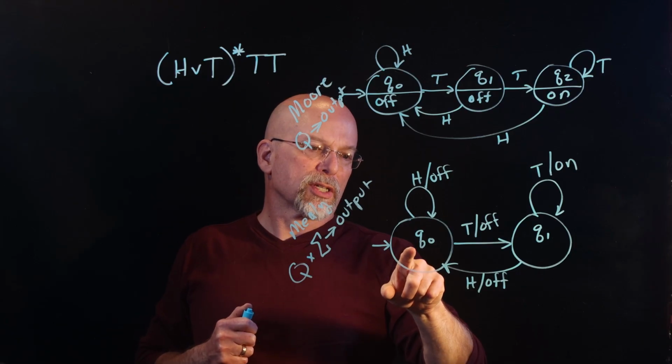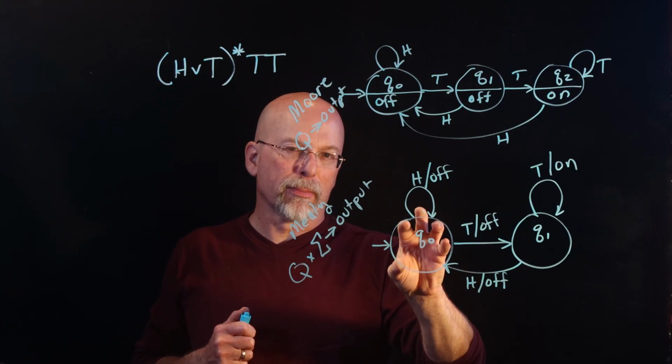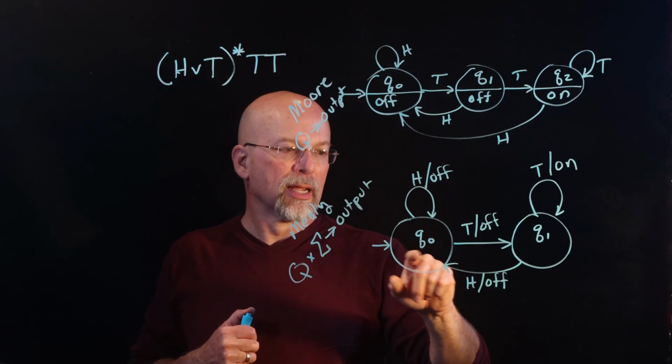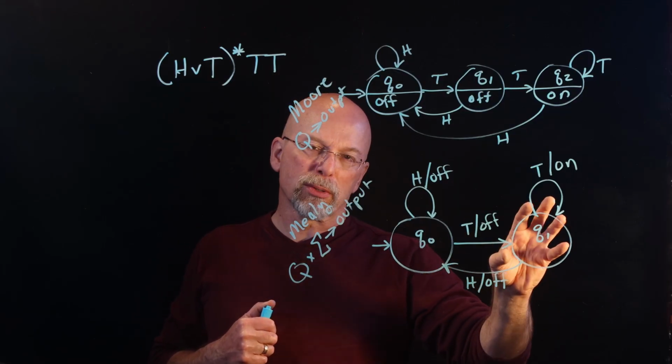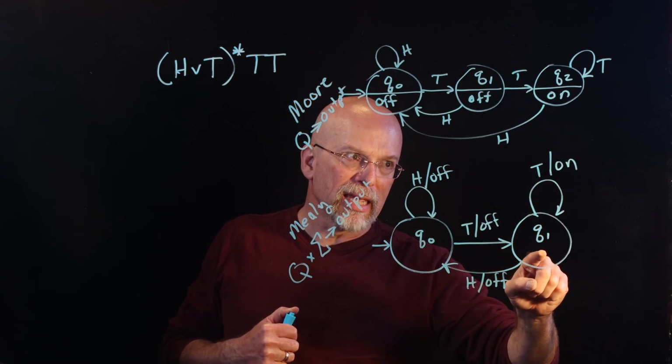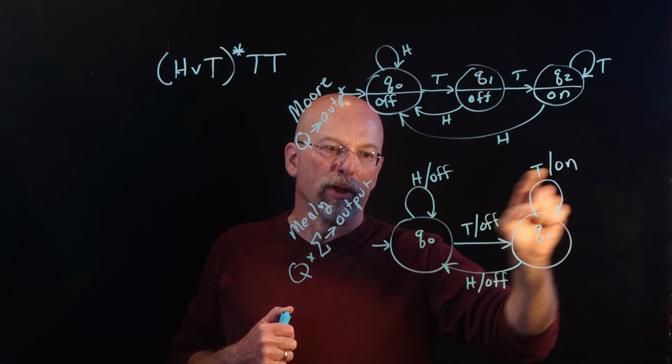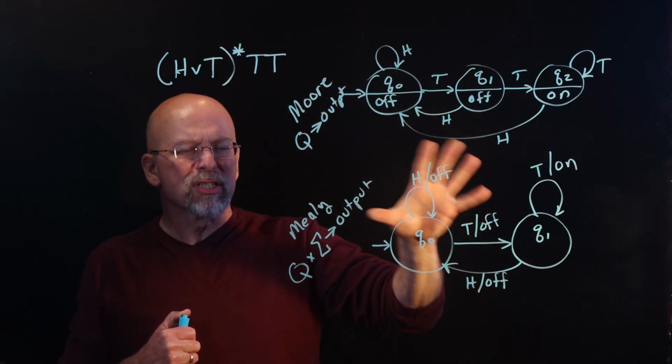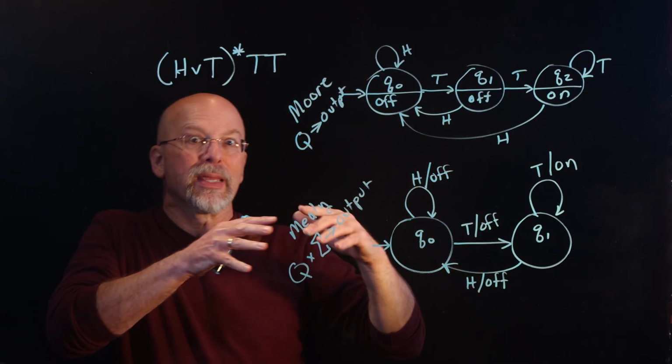So the way this works is every time I get a heads, I'm coming back to Q0, kind of the reset state. If I get one tails, it brings me to Q1. But if I get a second tails, I'm going to stay in Q1 and turn the bulb on. Notice, only two states. But this is a little bit more complicated in terms of being able to design it.